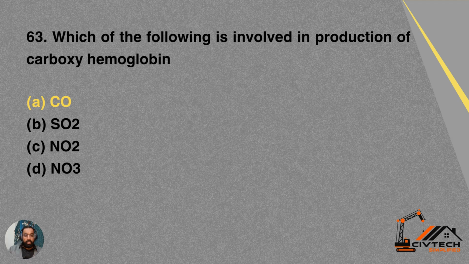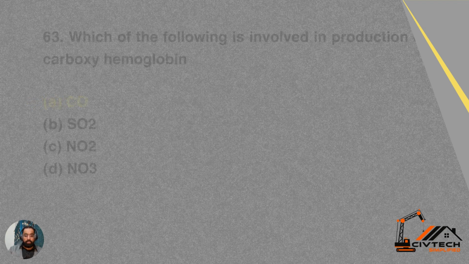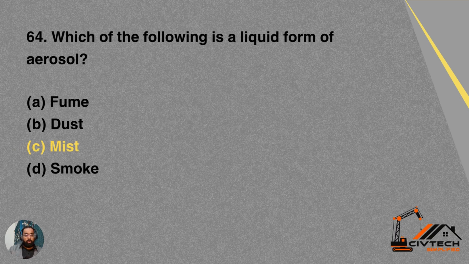Option D, NO3, nitrogen dioxide and nitrogen trioxide. So, which of the following is involved in production of carboxyhemoglobin? Carboxyhemoglobin is produced by carbon monoxide. So A is the correct answer.